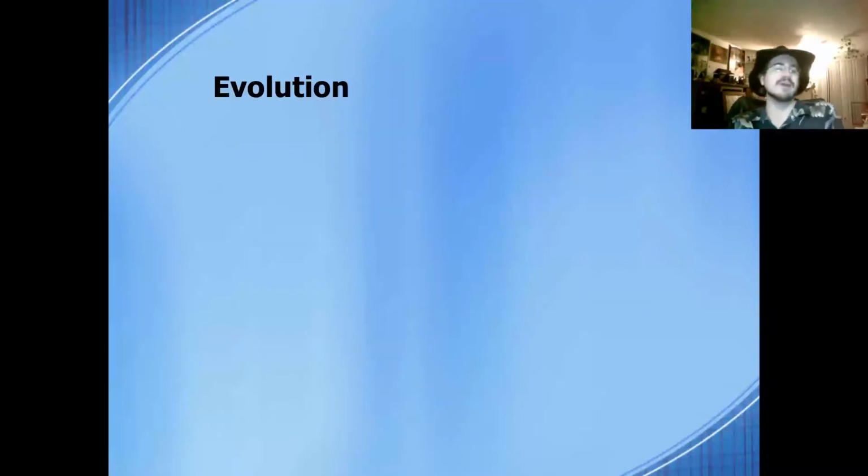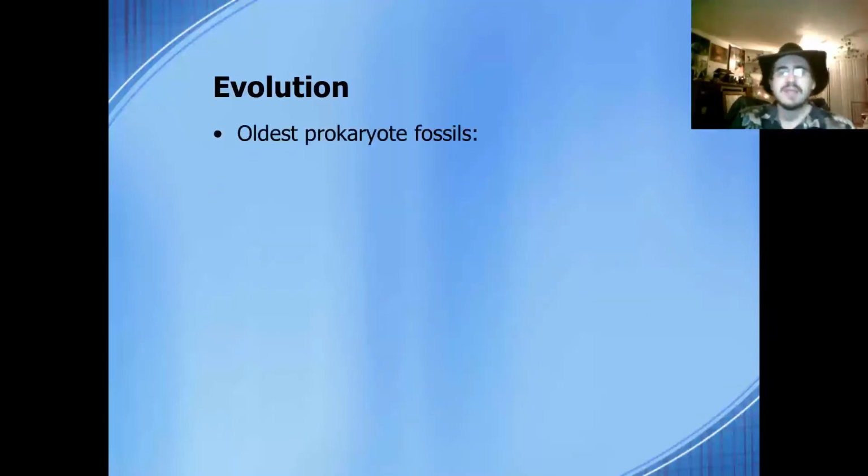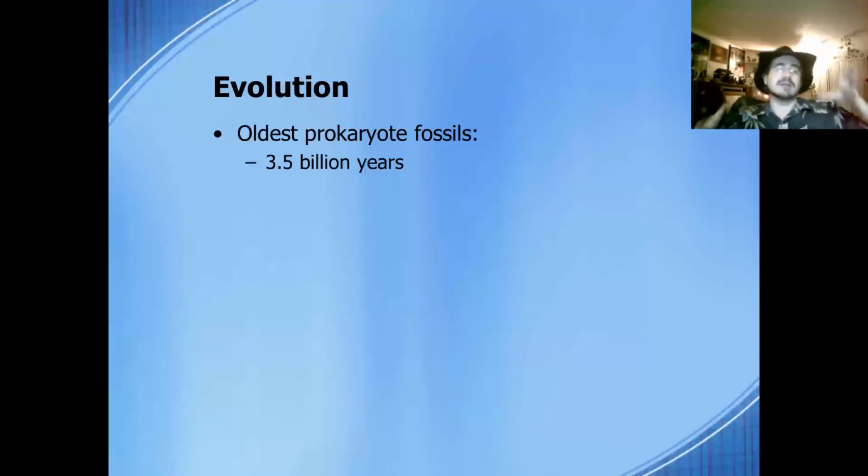Okay, one final note on evolution. The oldest prokaryote fossils are something like 3.5 billion years old. Now, we do not have fossilized single cells, but these old prokaryotes formed colonies, and they produced big, thick hunks that look like rocks because, well, they're fossils.